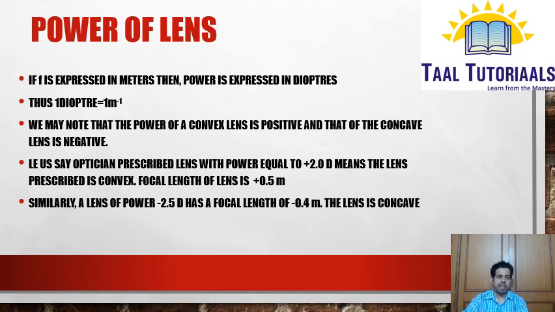Similarly, a lens of power minus 2.5 D has a focal length of minus 0.4 meter, because minus 1 by 2.5 gives 0.4 with a minus sign. That lens is a concave lens. By seeing the minus or plus sign we can check whether it is a convex lens or a concave lens. Understood? If you see positive power or positive focal length, then it is a convex lens. If you see negative power or negative focal length, then it is a concave lens.